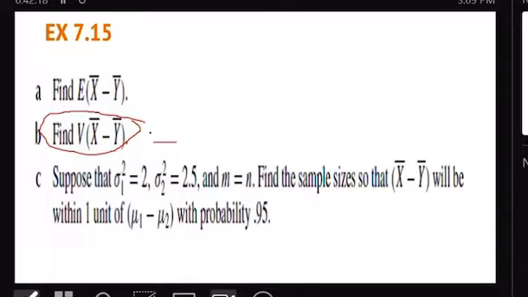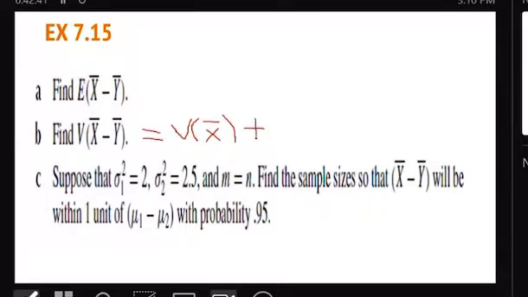If I want to rewrite that, it's just going to be V of X bar plus V of negative Y bar.